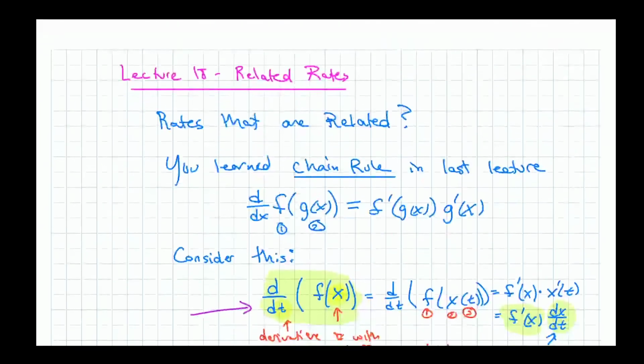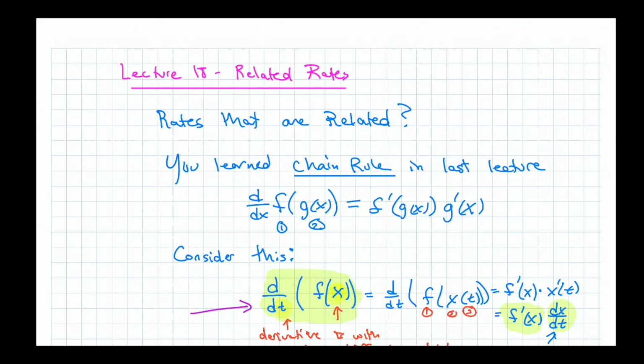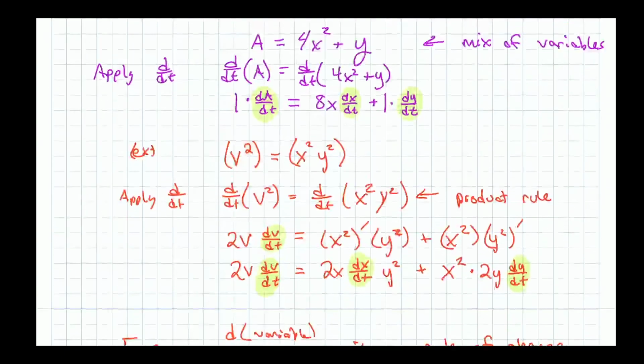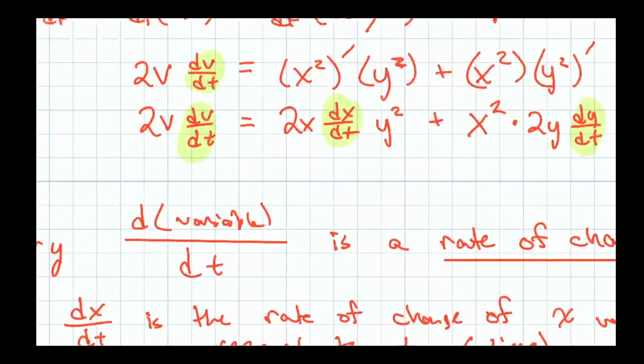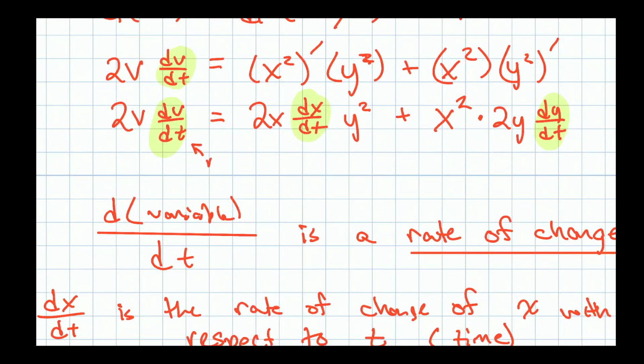And so when we say related rates, we're talking about derivatives being related. If you look at what we did in our examples here, this is a rate. This is a rate. This is a rate. So there's 3 rates in that problem, and they're all in the same equation, and that's why they're related.